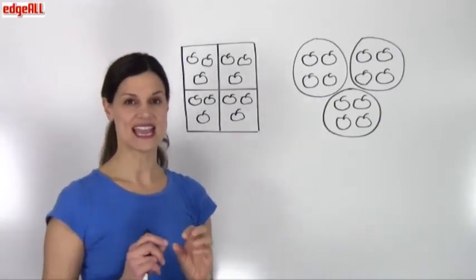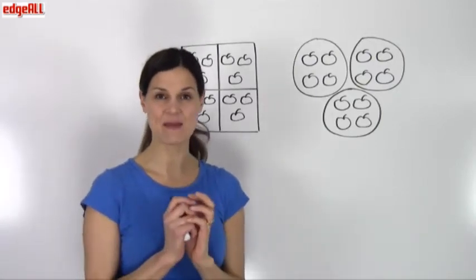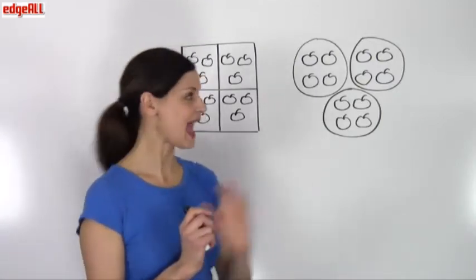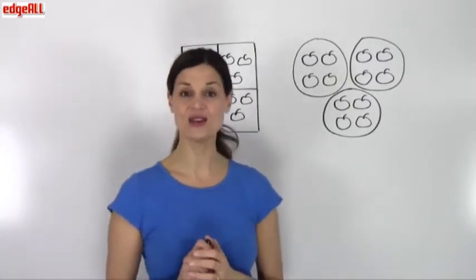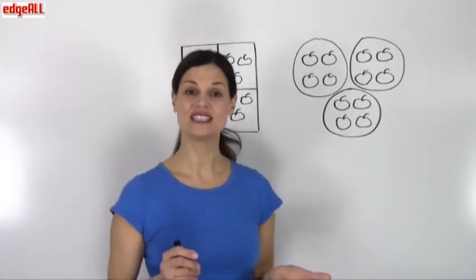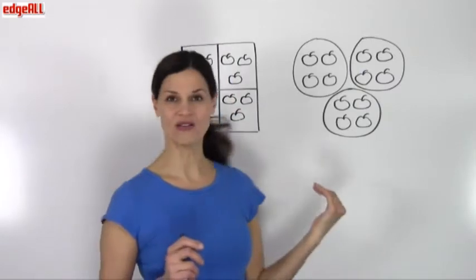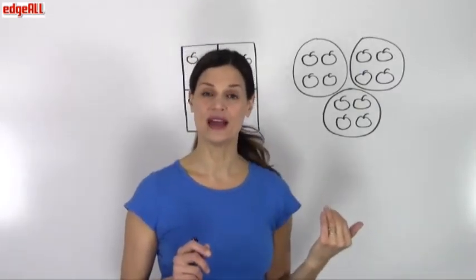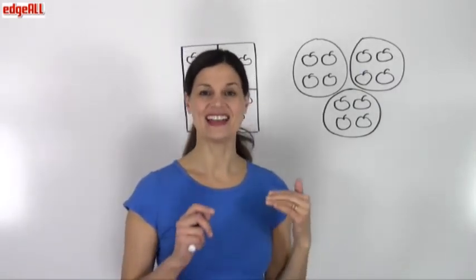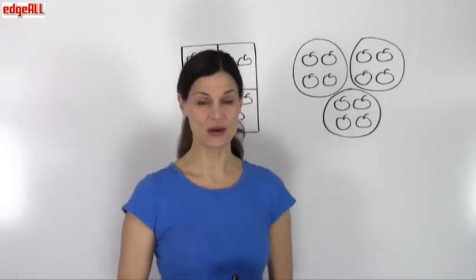Each of them is in a group that's the same amount per group, and all 12 apples are used. Once the division is done, all of the 12 apples are in a group. There is no apple that does not belong to a group.